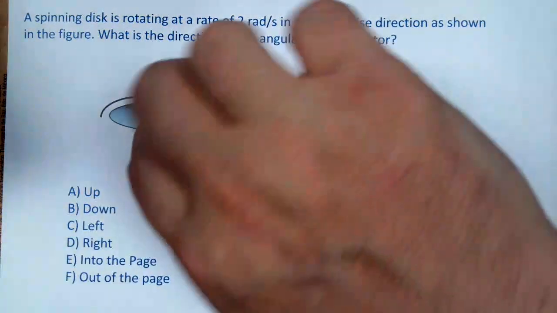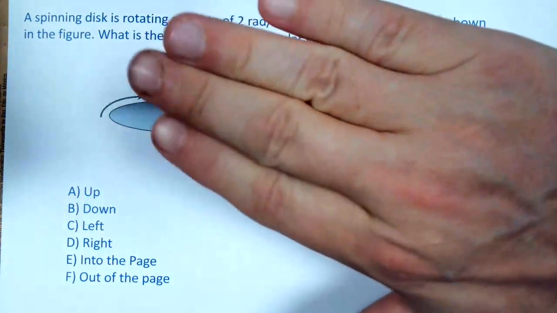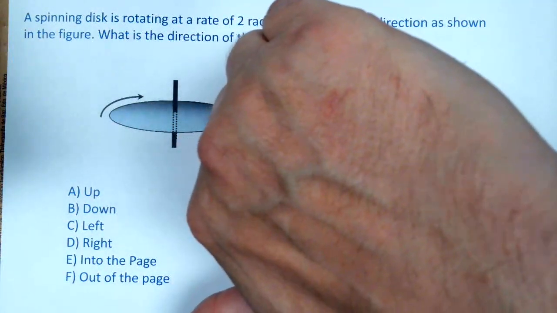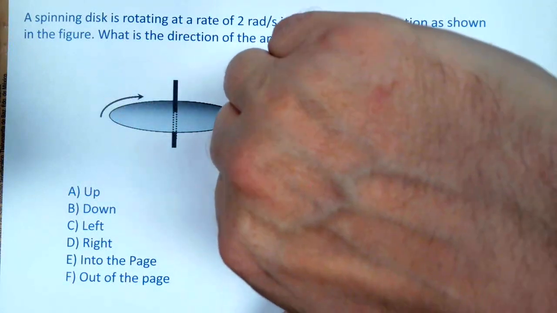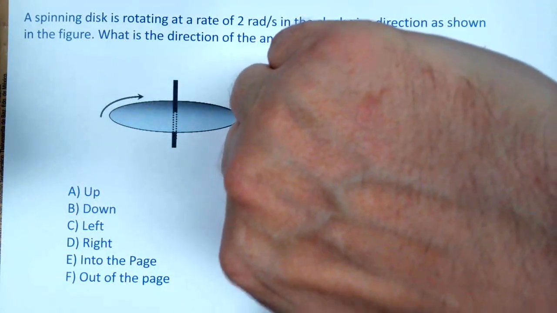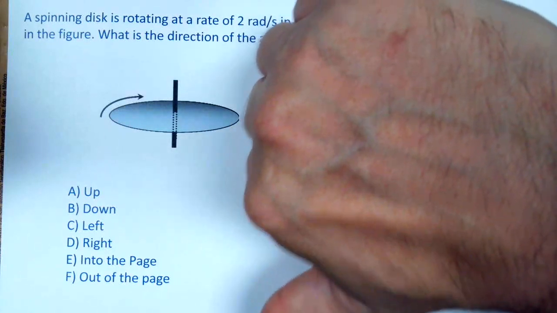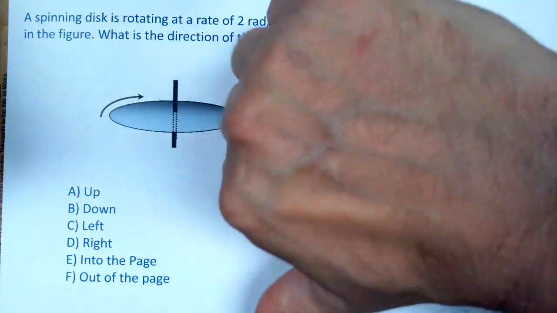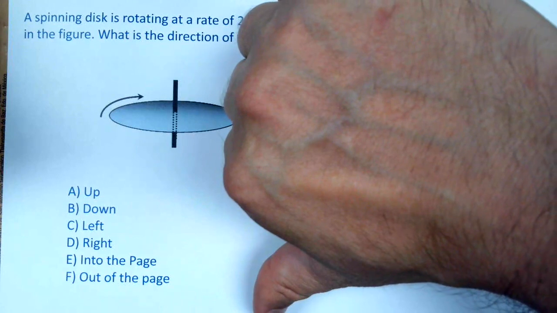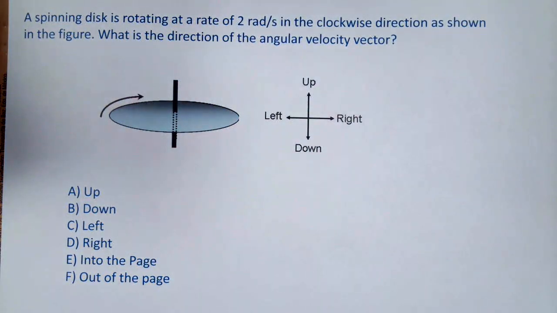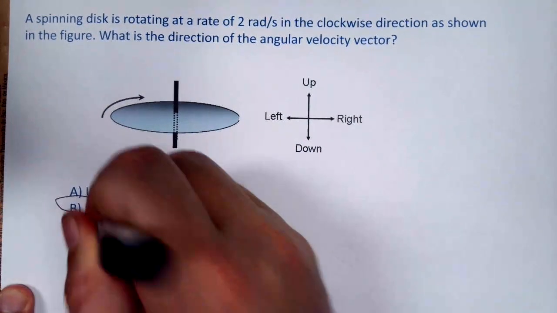Right? So basically, I've got my wheel turning this way, so that means my fingers go this way. So if we were looking at this from above, then the wheel would be turning clockwise. And so that means my fingers would go clockwise, and that causes my thumb to point down the page. So in this case, the answer would be down.